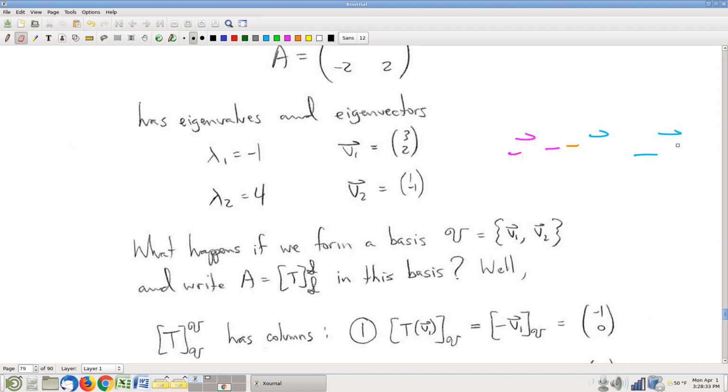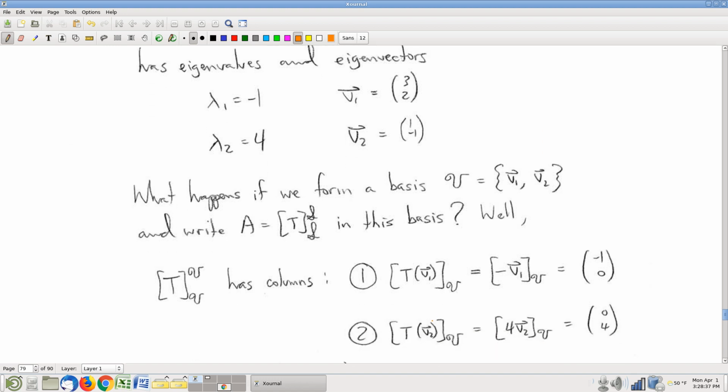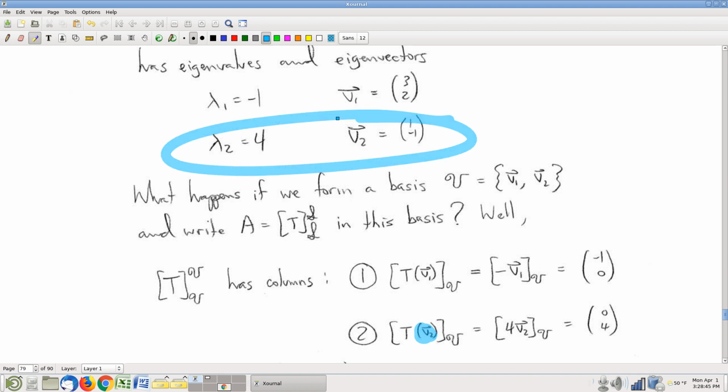Fine. Okay, second column. Plug in the second basis vector. That second basis vector, eigenvector, again, now that was on purpose, right? I deliberately picked them to be eigenvectors, so we again get to capitalize, and T of V2 is, well, 4V2.